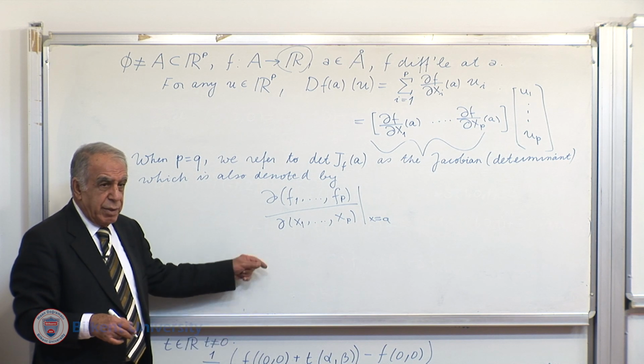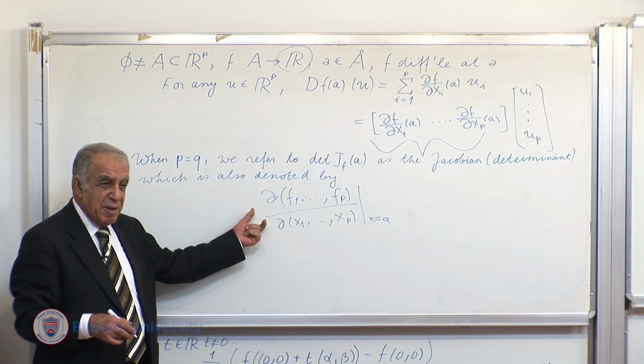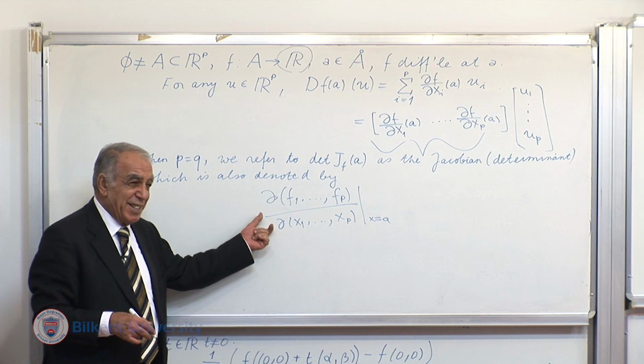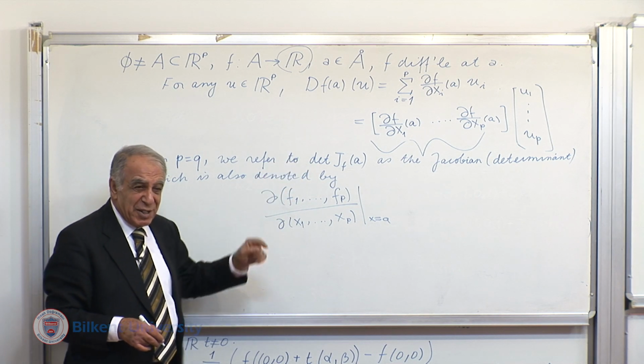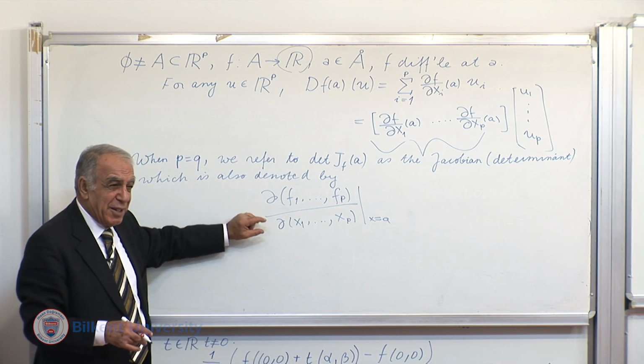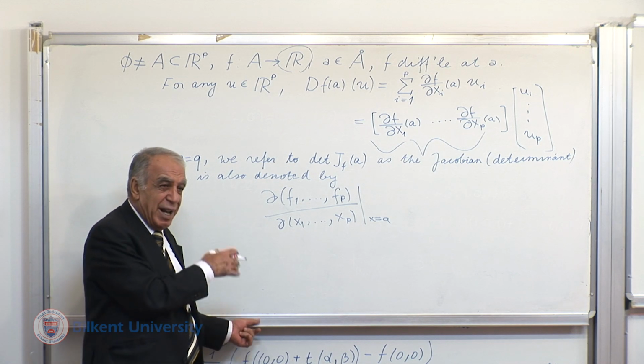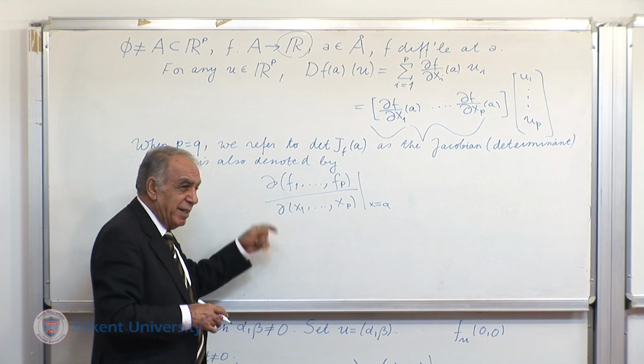Well, when I was a student, this was the symbol in advanced calculus books used for the Jacobian determinant, but I do not know whether that continues, but I guess so.